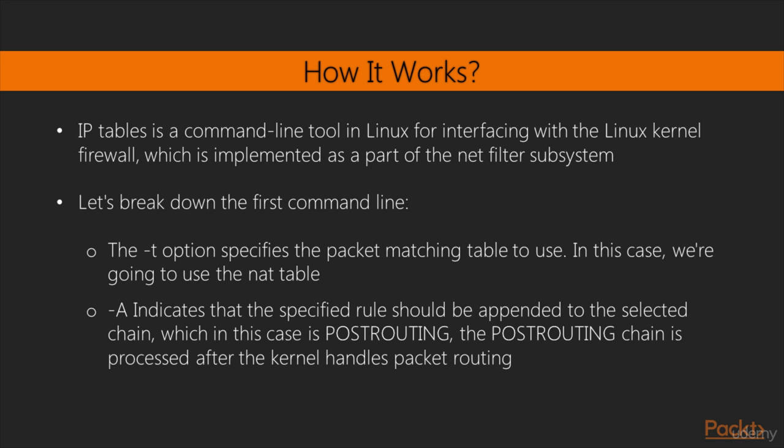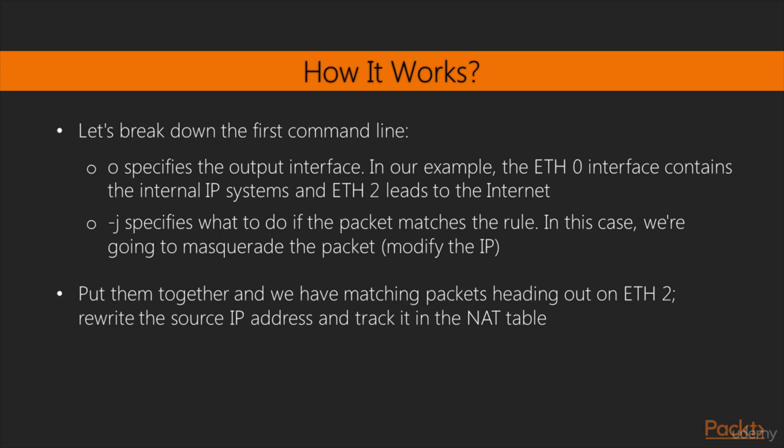The POSTROUTING chain is processed after the kernel handles packet routing. -o specifies the output interface. In our example, the ETH0 interface contains the internal IP systems, and ETH2 leads to the internet.